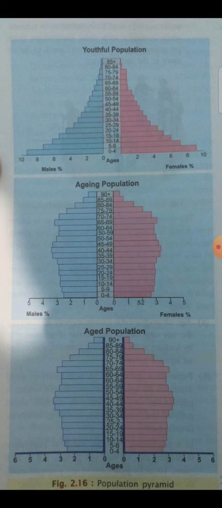But in case of youthful population, it is more in the age 0 to 4 years, and then it gradually starts to decrease. So these were the population pyramids. Now come to the next page.